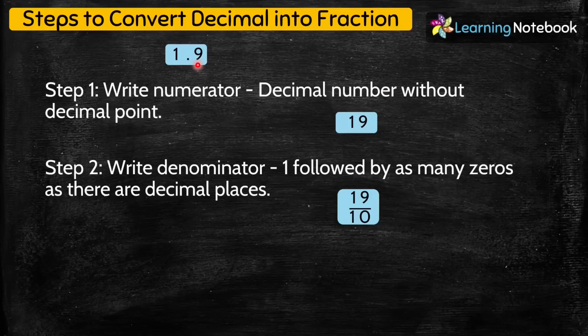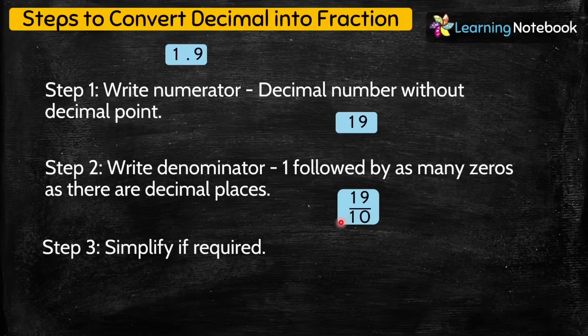So students, here decimal place is only 1. So we will write 1 followed by 1 zero. So we get the denominator of the fraction as 10. So we have converted the given decimal into fraction 19 upon 10.